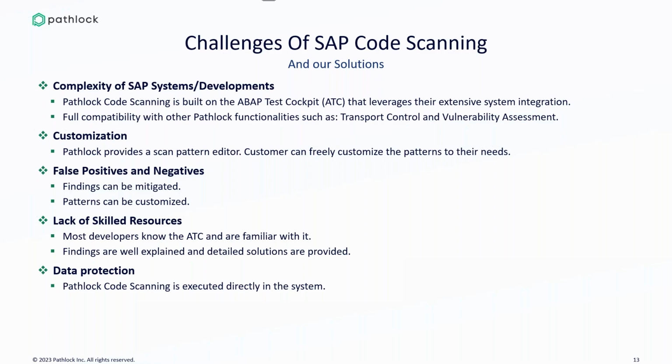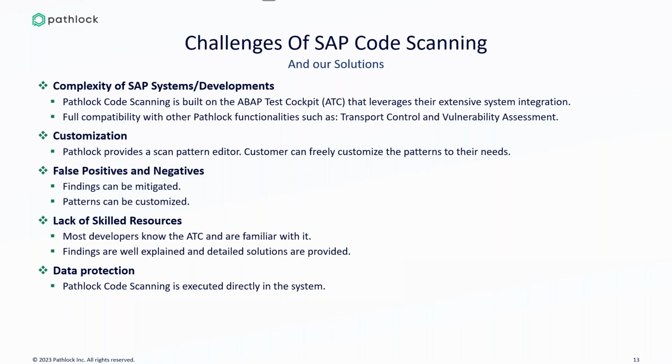I'm sure most of you know the ABAP test cockpit is the standard functionality from SAP, and it has years of experience with this tool, and I think every developer knows it. So it's easy to start with it and so on, and so we can leverage it.